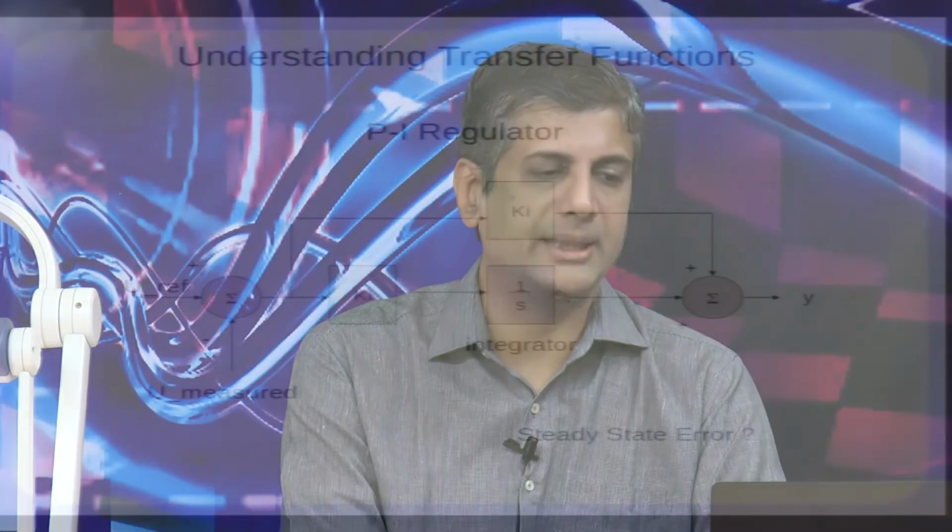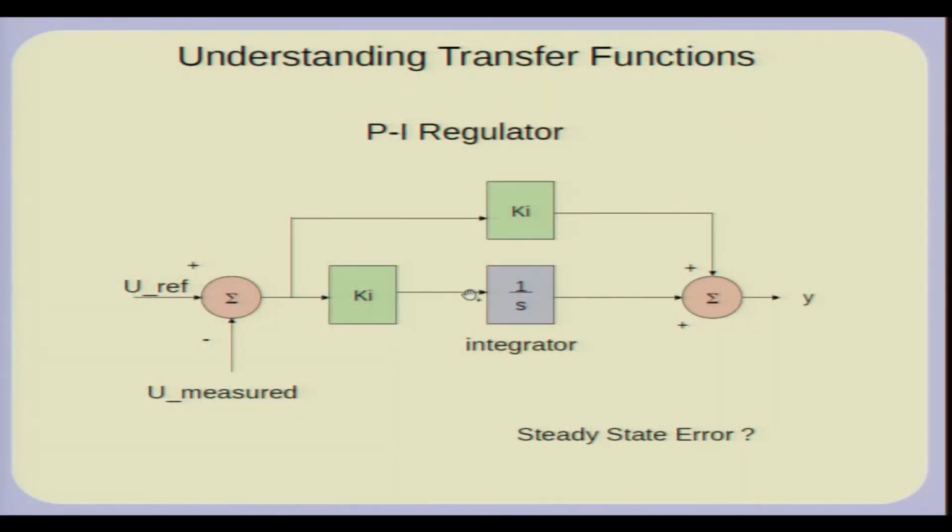So, when you say I have a steady state gain of infinity, what it means is that the input has to be 0 in steady state, because if the input is not 0, the output will become infinity. Okay. So, in another way of putting it, if the system is stable, the integrator has driven its input to 0.